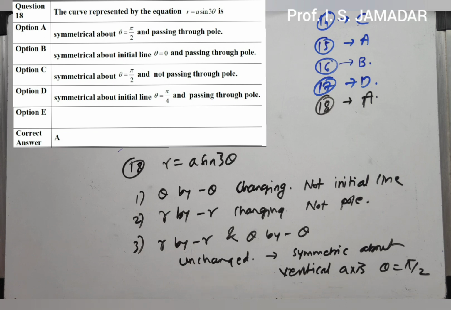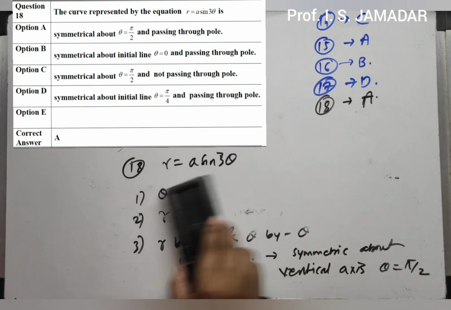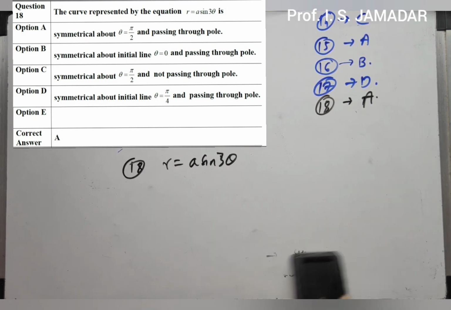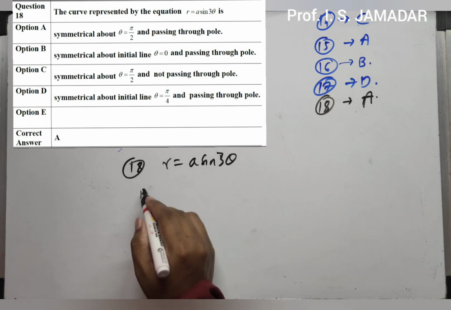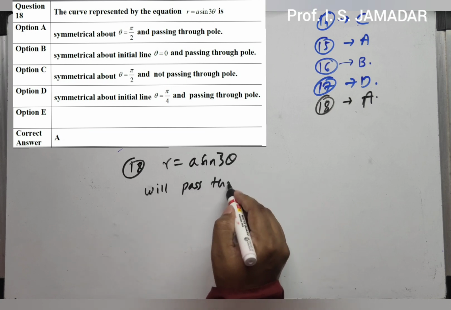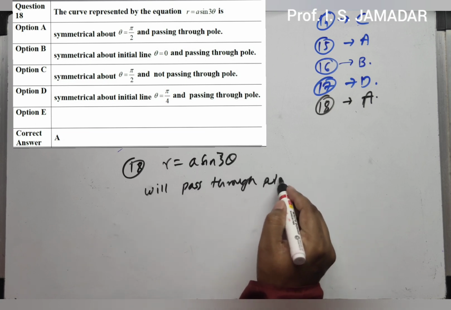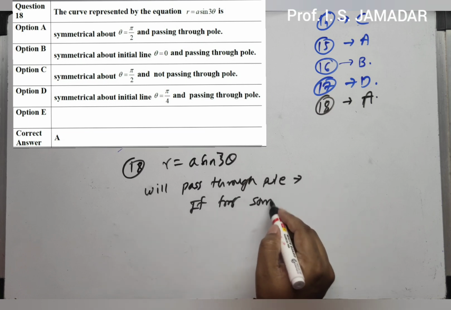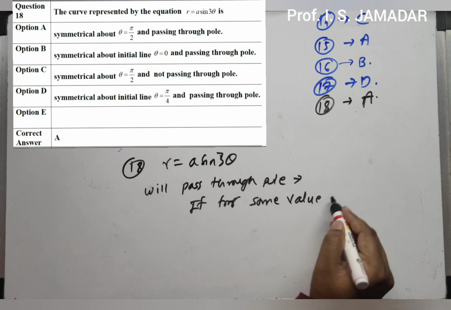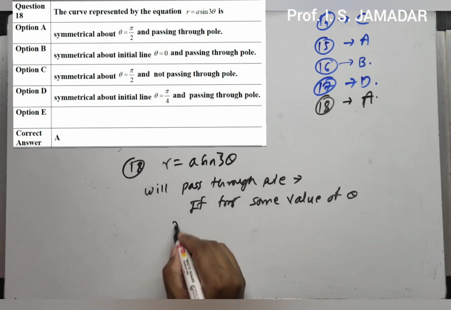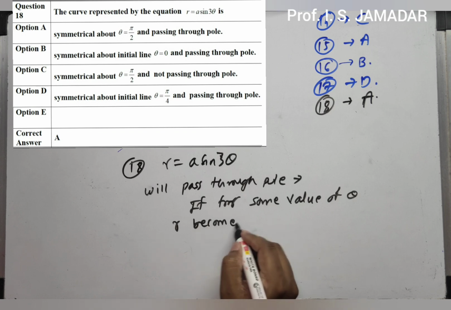Now a polar curve is said to pass through the pole if for some value of theta, r becomes 0.